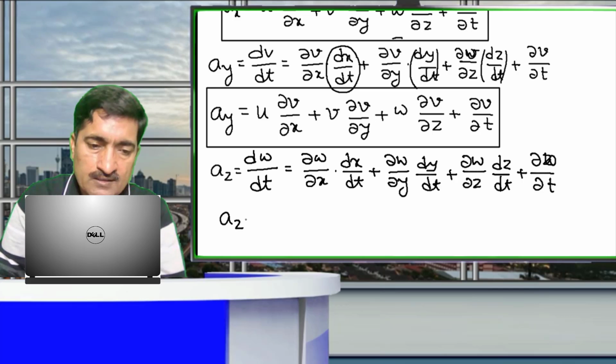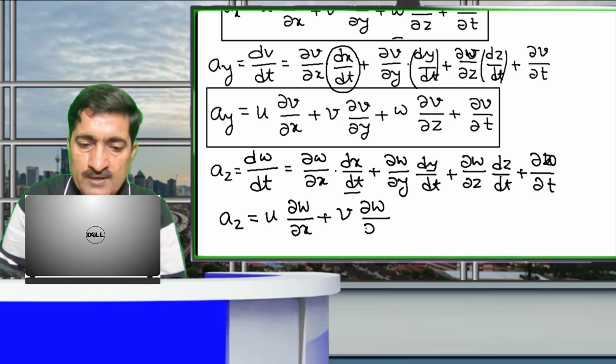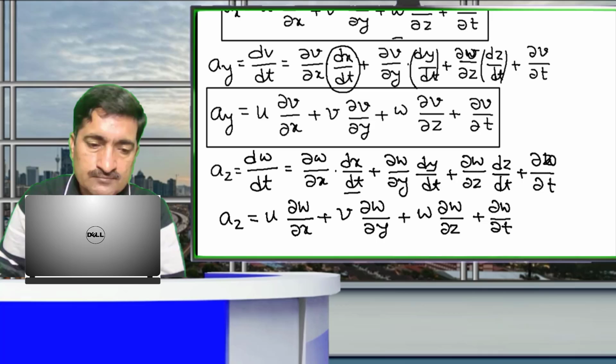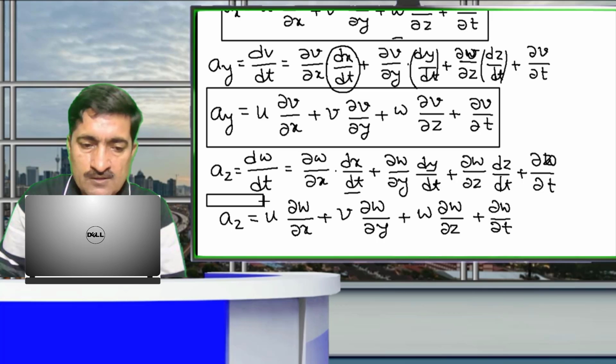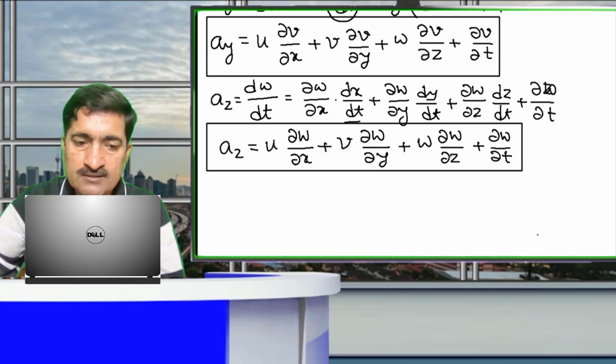Then this is equal to u del w by del x plus v del w by del y plus w del w by del z plus del w by del t. So this is the component of acceleration in z direction.